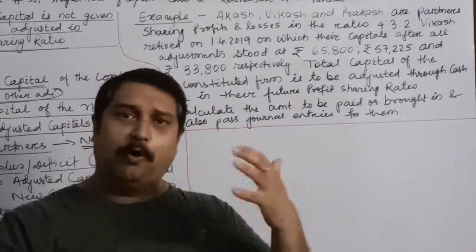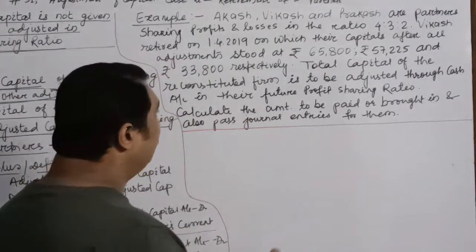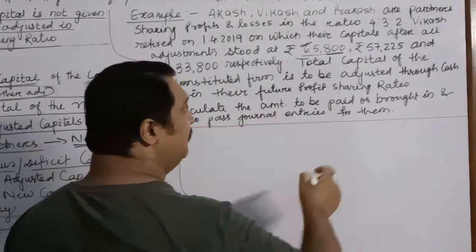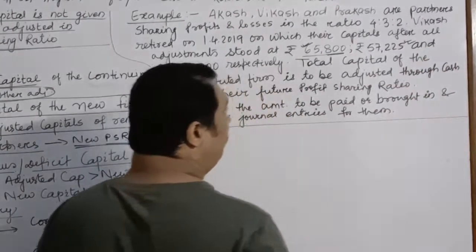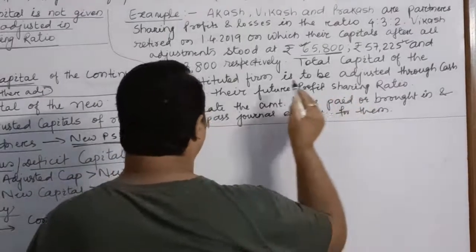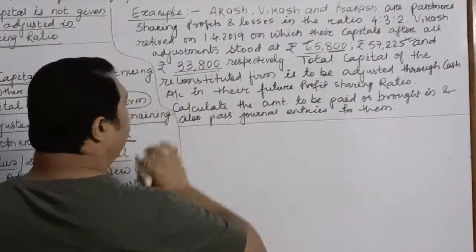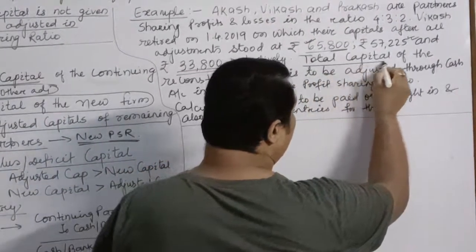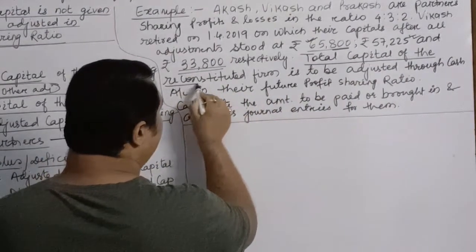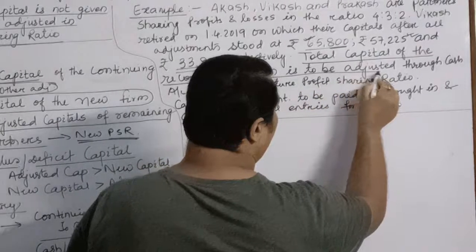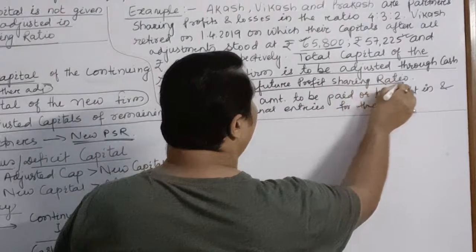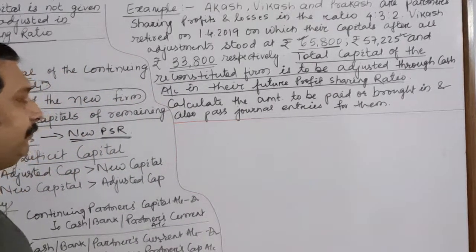That means after all the adjustments, the capitals of the partners stand at rupees 65,800, and of the second partner 57,225, and of the third partner 33,800. Now the question says that the total capital of the reconstituted firm is to be adjusted through cash account in their future profit sharing ratio.